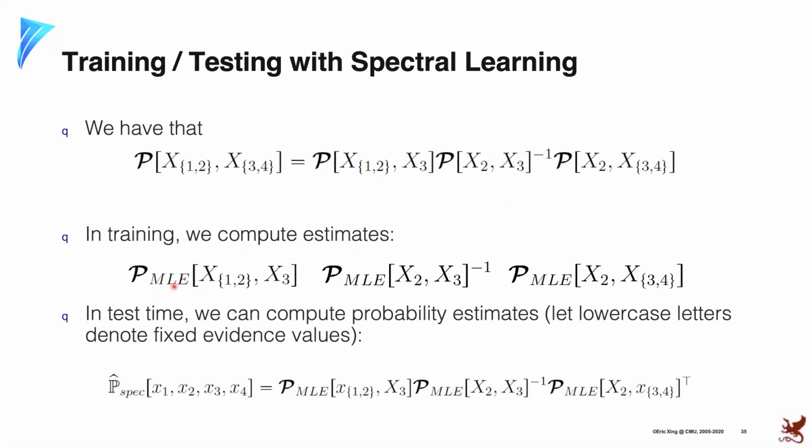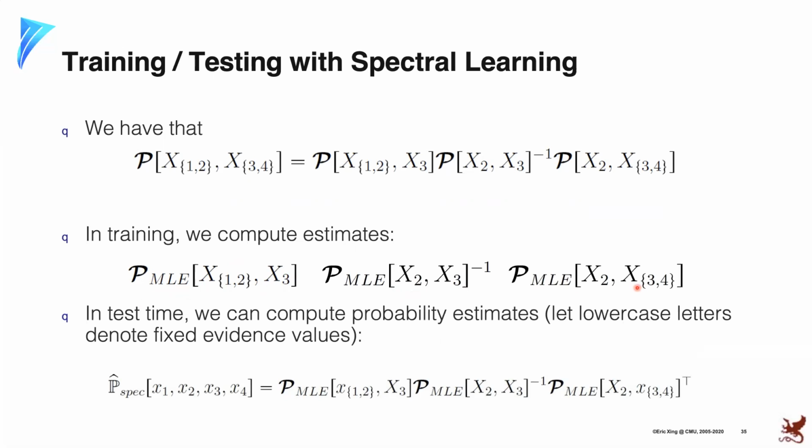For example, to estimate the maximum likelihood of the first factor, we only need to do the counting from the data. So we can easily construct these matrices. And similarly, we can also do the counting for the second factor and take the inverse, and for the third factor.